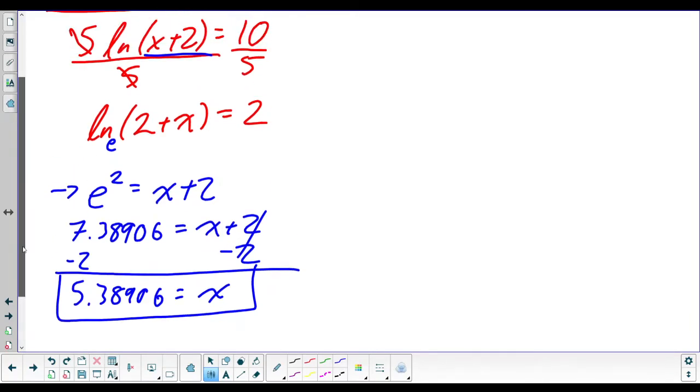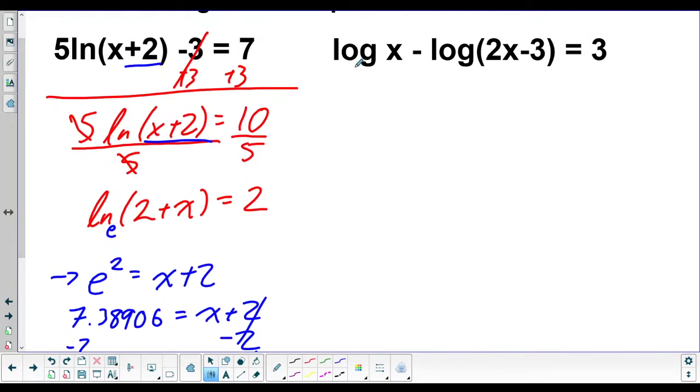All right. If we look at this one, we want to isolate our log. We want our log to be equal to either another log or a number by itself, hopefully. So if I move this log over, in fact, put your pencil down. I'm going to do this wrong just to show you that it doesn't work. Maybe even let's add this log over. Don't write this. It's wrong.